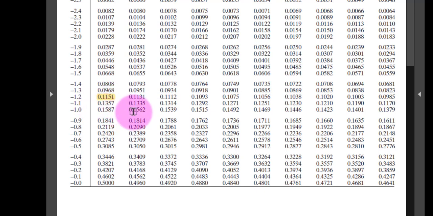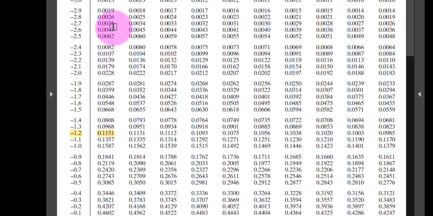Now that I have identified that location in the table, what is the corresponding z value? Well, this is in the row that says negative 1.2. Negative 1.2. And it's in the first column, so I know that first column corresponds to the second decimal point being a 0.